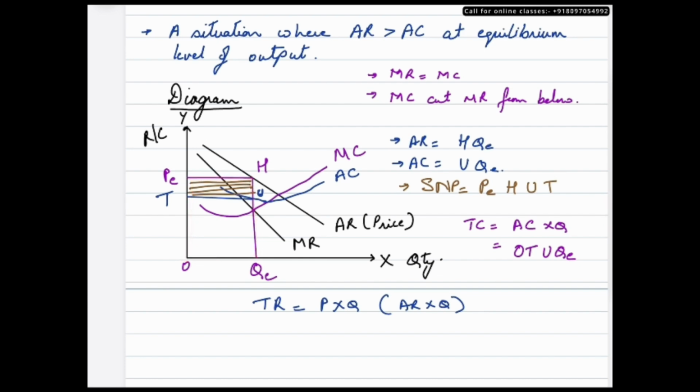So that is equal to O, PE, H, QE, alright. So this is how you would identify a supernormal profit. I would mark it in the diagram as well. So this entire thing here is the supernormal profit in the short run scenario for a monopolistic competitive market, okay.